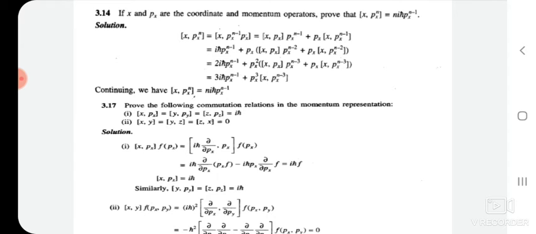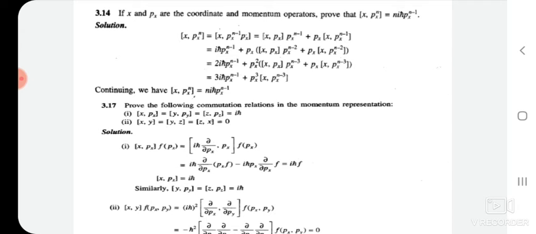It gives 3iħ px^(n-1) plus px^3 [x, px^(n-3)].